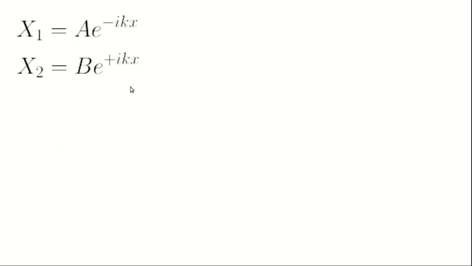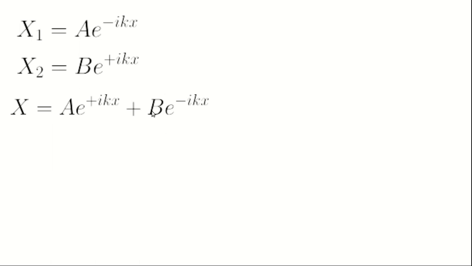So that's why we have X2 equal to b e to the power plus ikx, and from this point our final solution for the position part will be the combination of these two, and that gives us X equal to this part plus this part. So don't mind if we interchange, it doesn't matter, you can play with the constants. But it's important to write the plus part first and then the minus part.